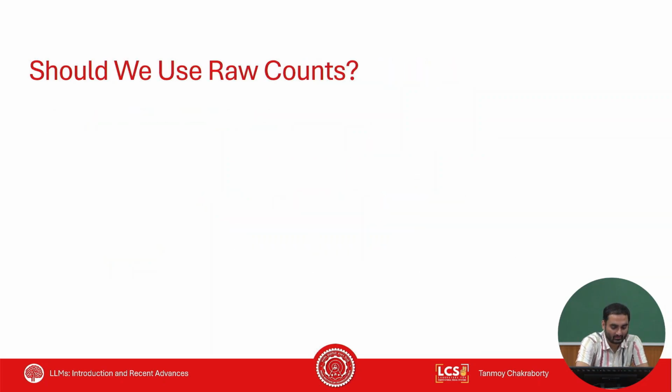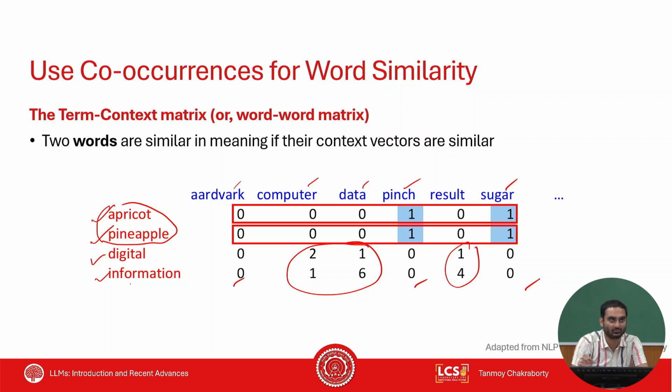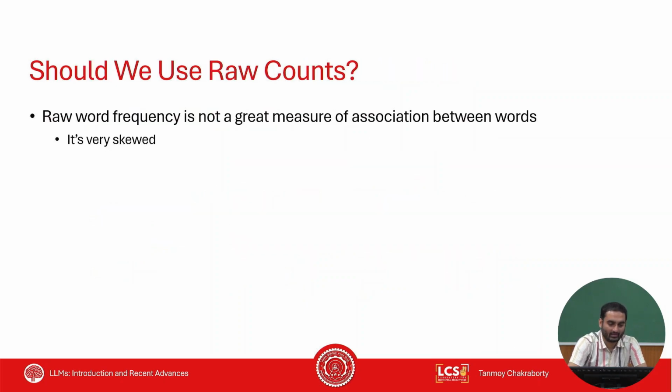Similarly, if you look at digital and information, you see both these words co-appear with the words computer and data, also results, but they did not co-appear with the words artwork, pinch and sugar. So maybe these two words are similar. A simple idea: you take a pair of columns, you do some sort of dot product, cosine similarity, and then you figure out the similarity, right?